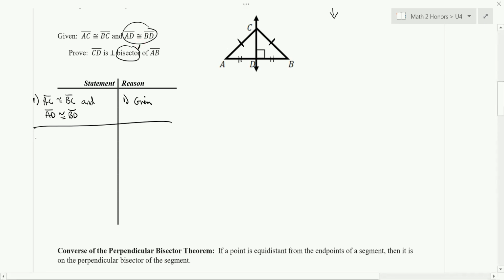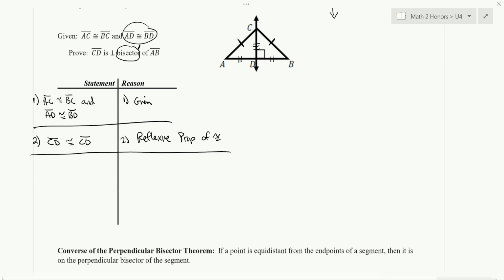All right, so if you haven't contributed to the last proof, I want you maybe helping out with this one. What do we do here? Okay, CD congruent to CD. Why? Good. I'm going to mark that here. All right, what else could we say? Elijah, did you help me with the last proof?